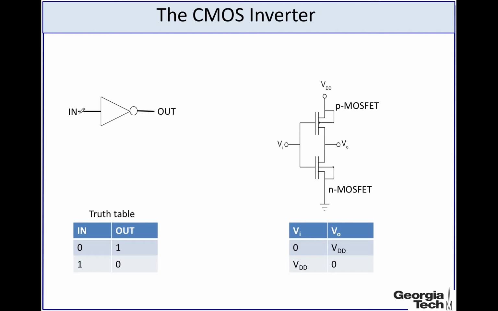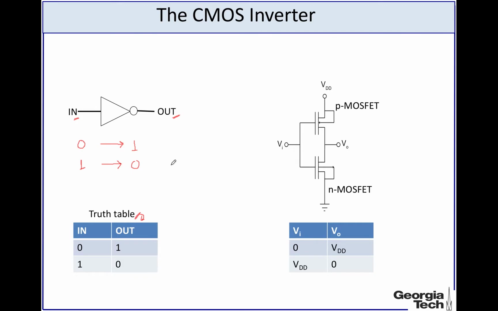In a logic inverter you have the input on the left and the output on the right. If the input is a logic level 0, you get a 1 at the output, and on the other hand, if you have a 1 at the input, you get a 0 at the output. In the form of a truth table, it will look like this.